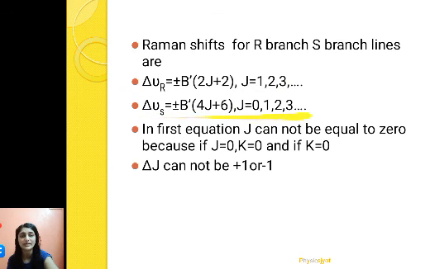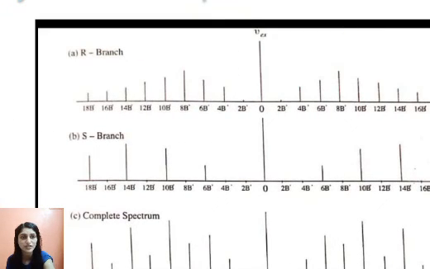And for S branch, if I substitute j equals 0, I get the first line at 6b dash. Then j equals 1, so I will get 10b dash, so 6b dash, 10b dash, 14b dash, like that. So here you can see for R branch lines I am getting the first line at 4b dash and later on at a distance of 2b dash.